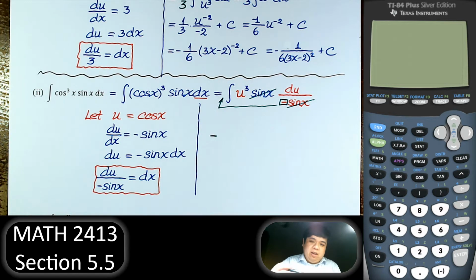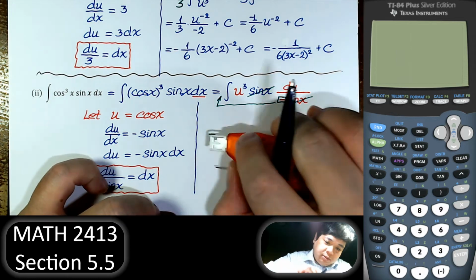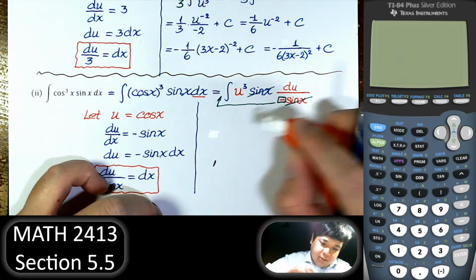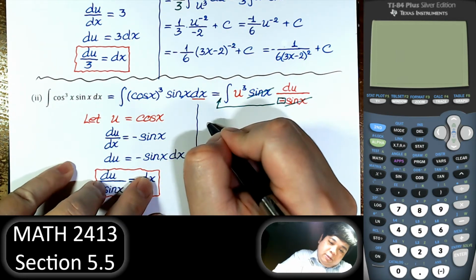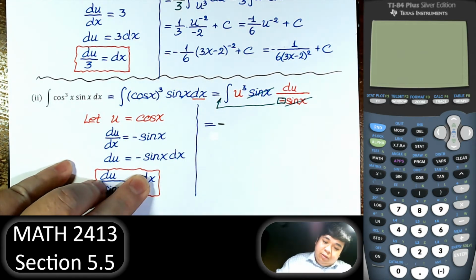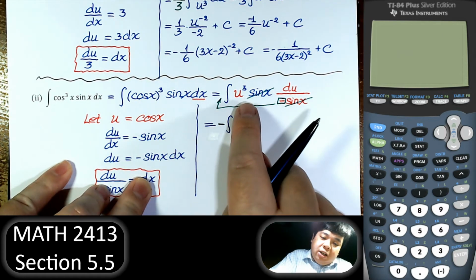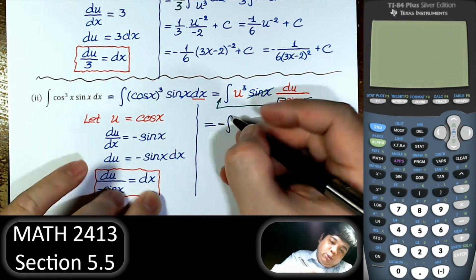It's still negative. So that's why I just write the negative in front. Right? And then what's left of the problem is just u cubed and then du.